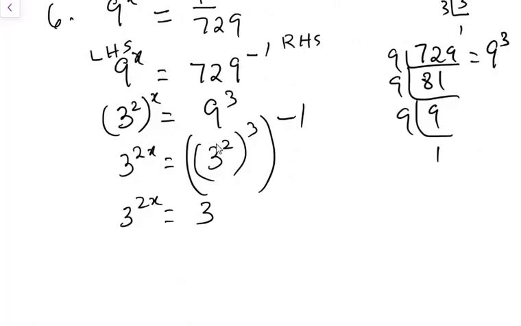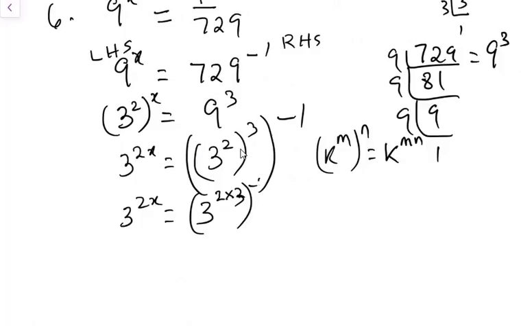You'll notice that we have the law that we can apply to help us, k raised to the power m and n will give us k raised to the power mn. So based on this, we have 3 times 2. And this is 3 raised to the power 2x equals to 3 raised to the power 6.